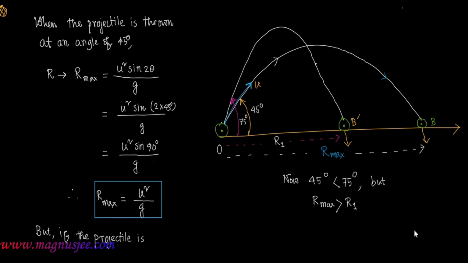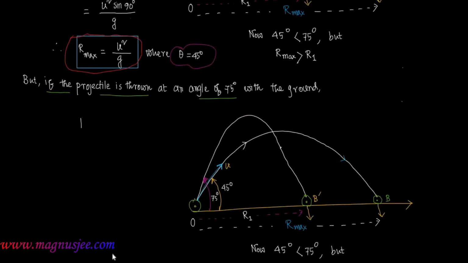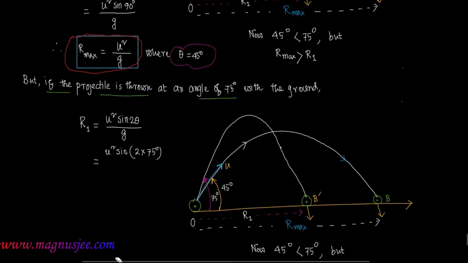But if the projectile is thrown at an angle of 75-degree with the horizontal, at an angle of 75-degree with the ground, the horizontal range of the projectile will be R1, which is equal to u square sine 2 theta divided by g, equal to u square sine of (2 into 75-degree) divided by g, equal to u square sine 150-degree divided by g.